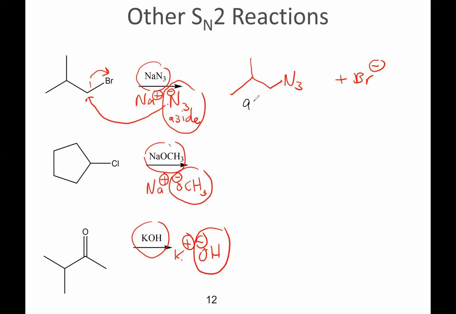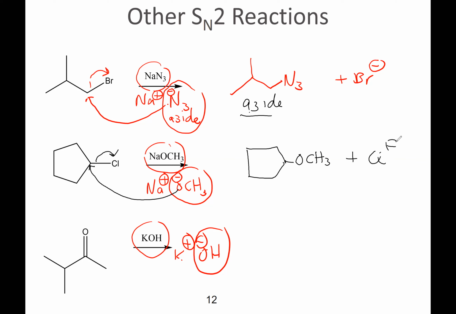This is an organic azide, and that's a way of forming azides. In this reaction, the methoxide attacks the positive carbon, the bond to the leaving group leaves, and so now you're going to have methoxide attached to the cyclopentane ring.